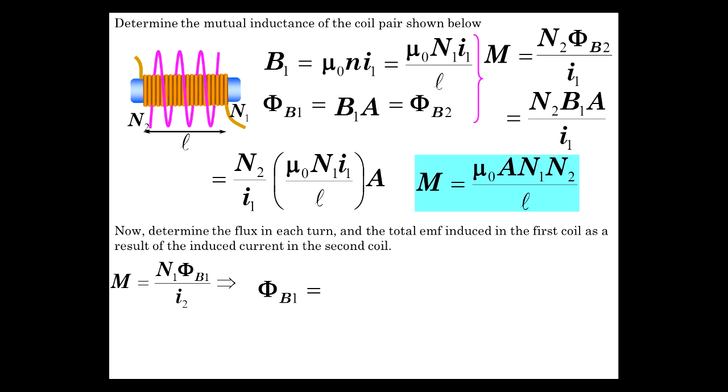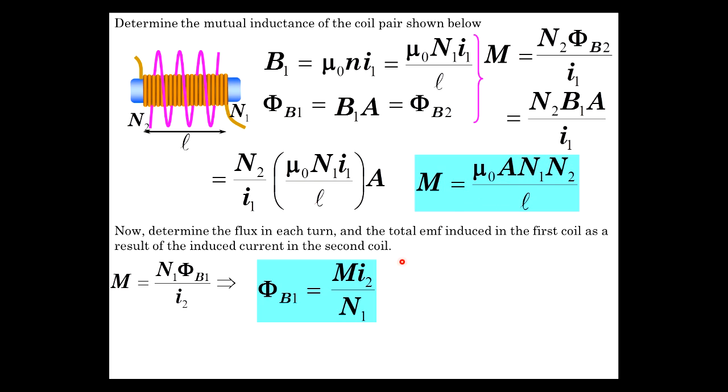Now, the flux in the first one, phi B1, is just then mutual inductance times current 2 over N1. That is the flux in each turn of coil 1 as a result of the induced current in number 2. Now notice, it says for each turn, well, mutual inductance already is a product of the turns of both coils.